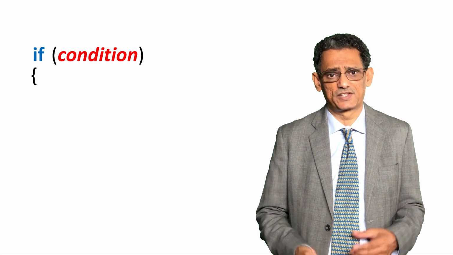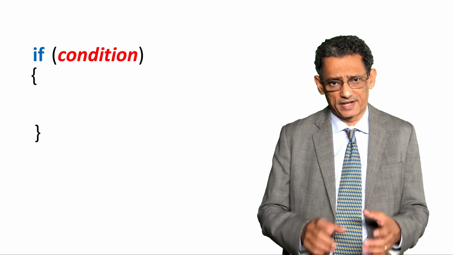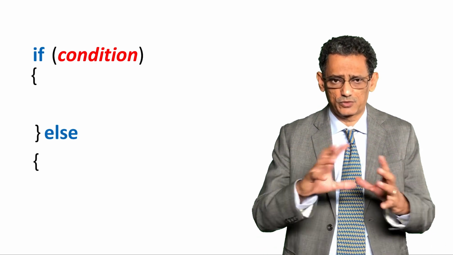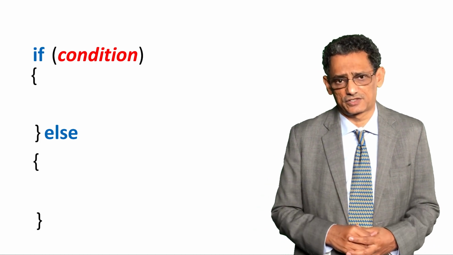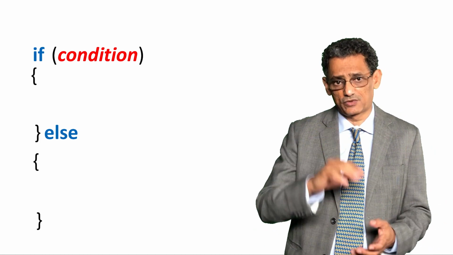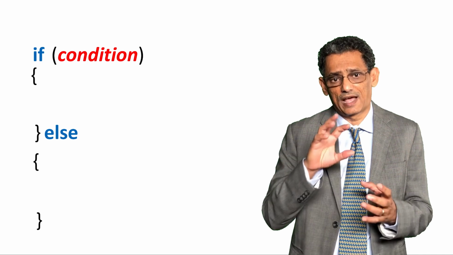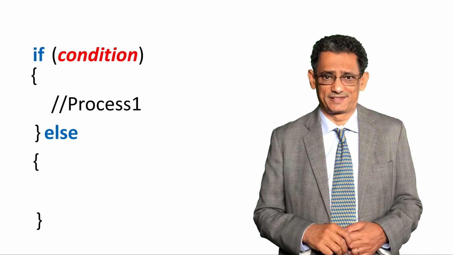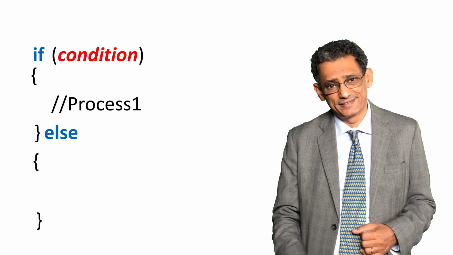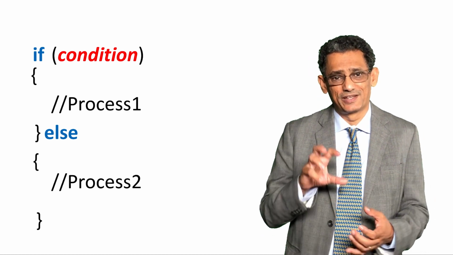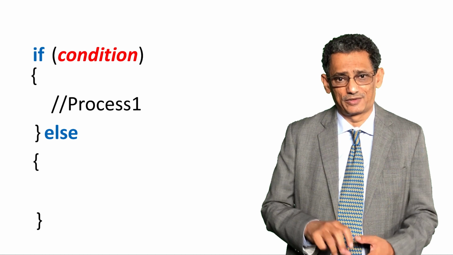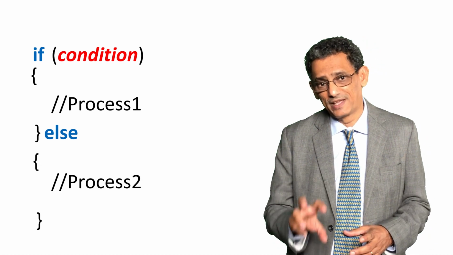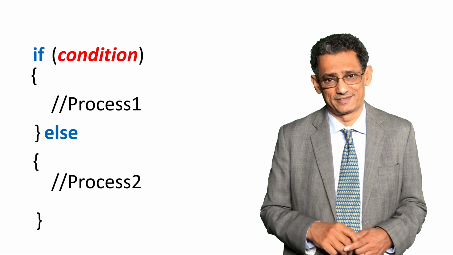You close the brace, else, brace, and you close the brace, and this way you have the structure. In the first two braces you will have the process that you will perform when the condition is met. In the other two braces, you will have the process that you will perform if the condition is not met.